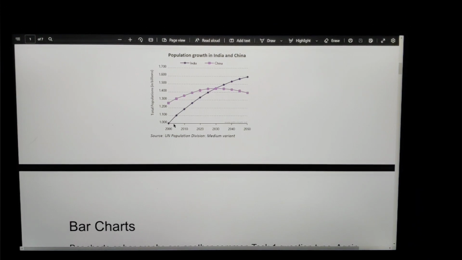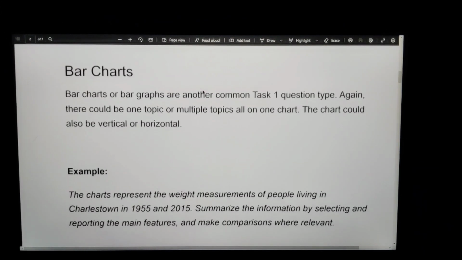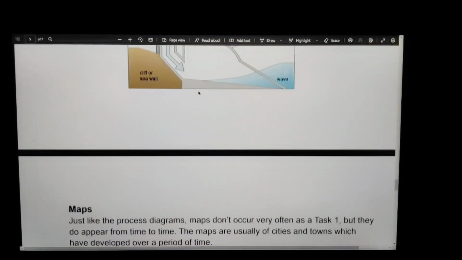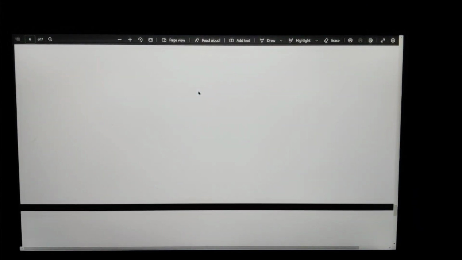And in India we can see that there is constant growth, so we'll have to highlight these things in the last 2 paragraphs. So these are the things we'll have to follow while writing task 1 in IELTS.